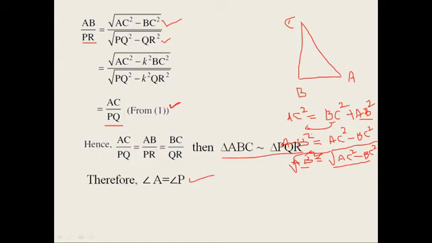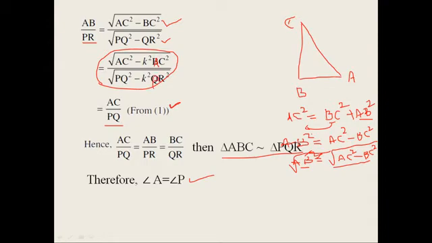Here I will explain. If you did not understand this step, I will explain how we get it. Here we already know that sin A is equal to sin P as given. So from that, AC square minus BC square should be written as AC square minus K square into AC square, here PQ square.